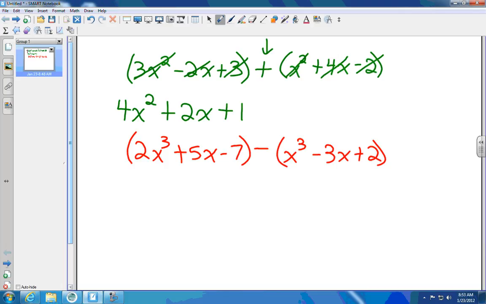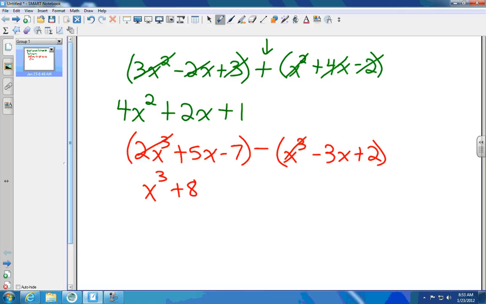We have 2x cubed over here. Do we have any others? We got 1 over here. So we have 2x cubed, and we're subtracting 1. How many do we have left? Just 1. Cross them off. And then we've got positive 5x minus negative 3x would give you 8x.